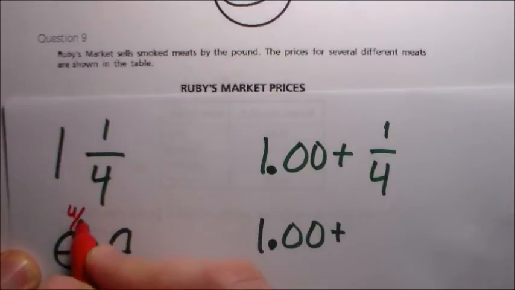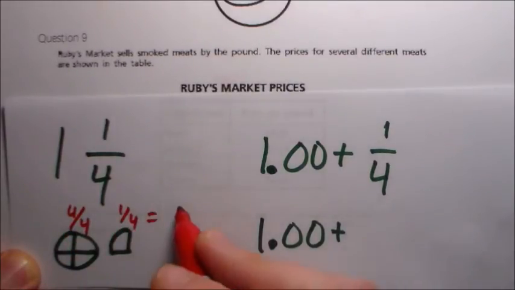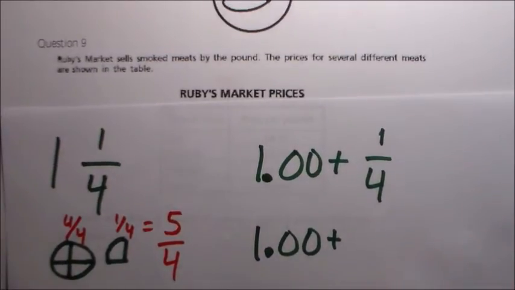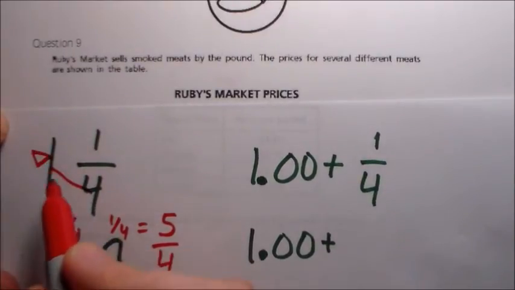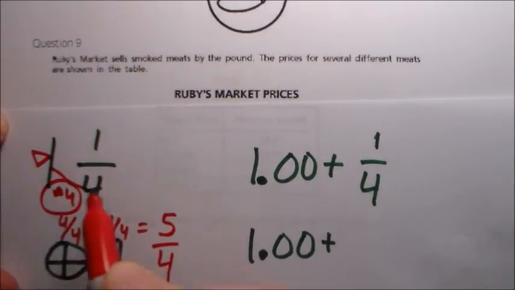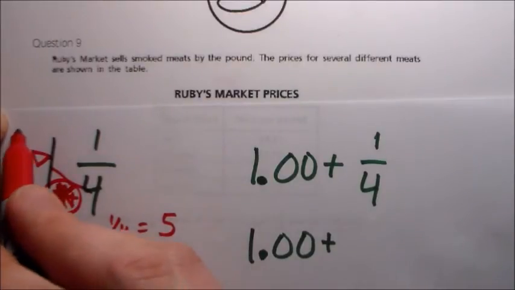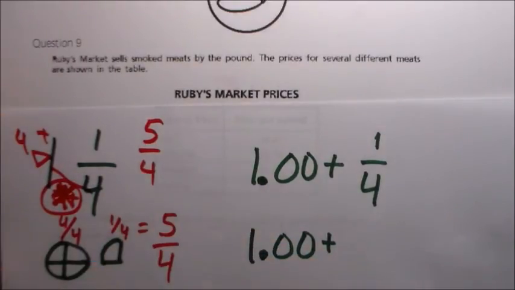We have 4 quarters plus 1/4, so that's going to equal 5/4. You think about the algorithm or the formula: 4 times 1 gets you 4, plus 1 gets you 5, and you keep the denominator the same.